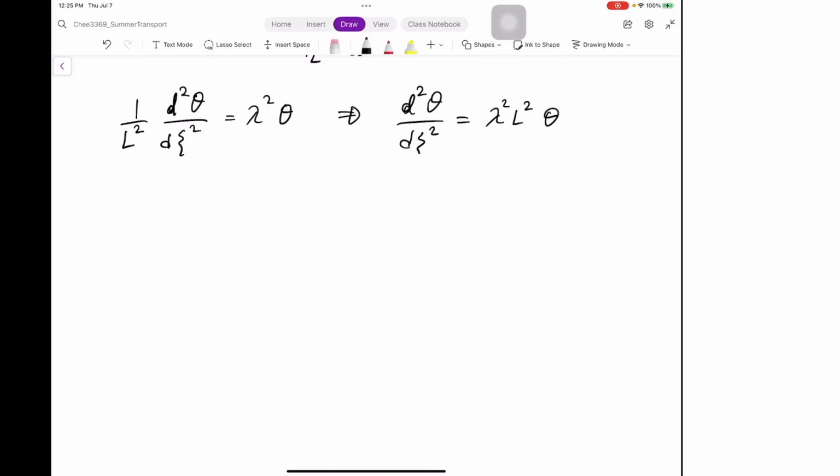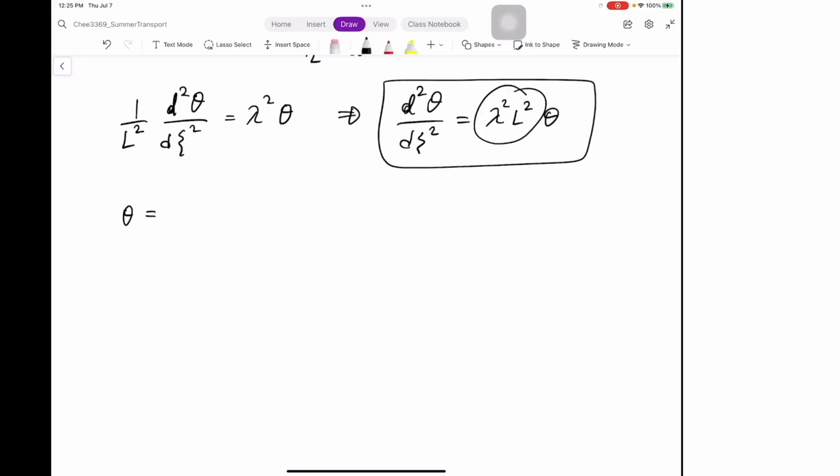And you know that this has a solution as we described in the class. This is a positive number. So you're taking the double derivative of a function and you find the function itself up to a positive multiplication factor. This can only happen with the exponential functions.